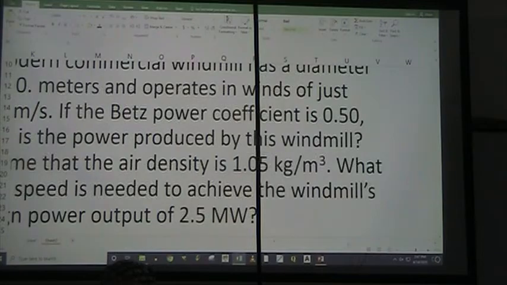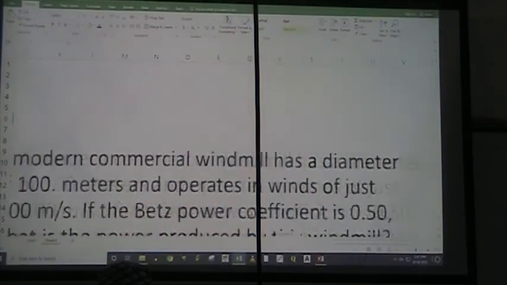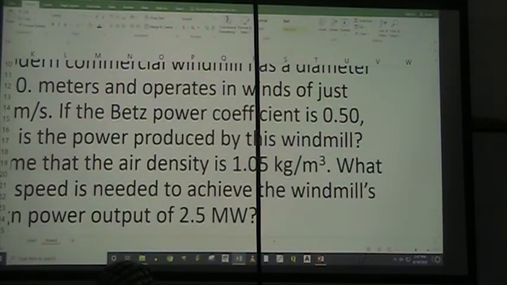Air density, okay. Rho equals 1.05, what is it? Kilograms per cubic meter? Yes.